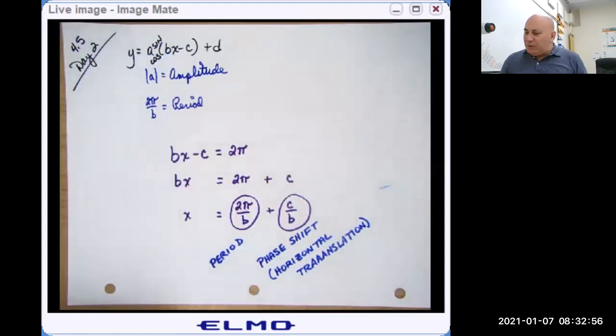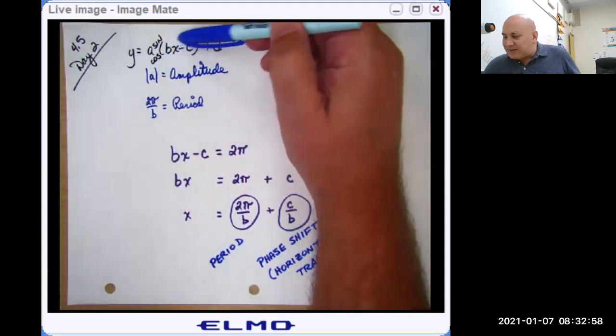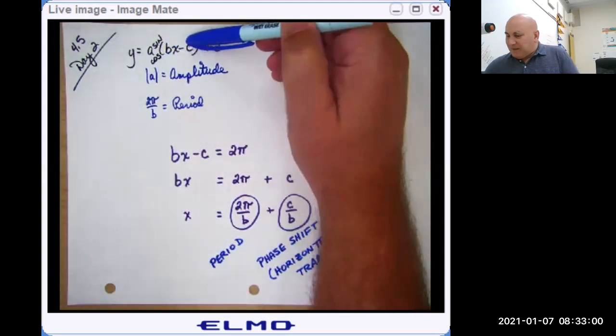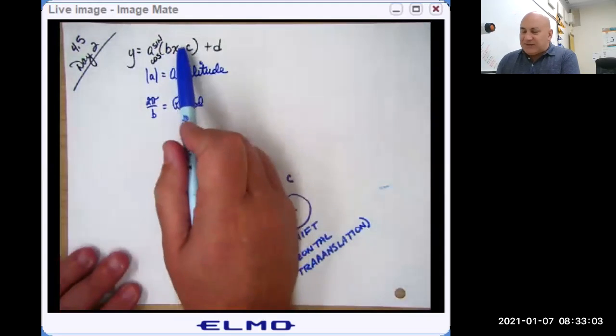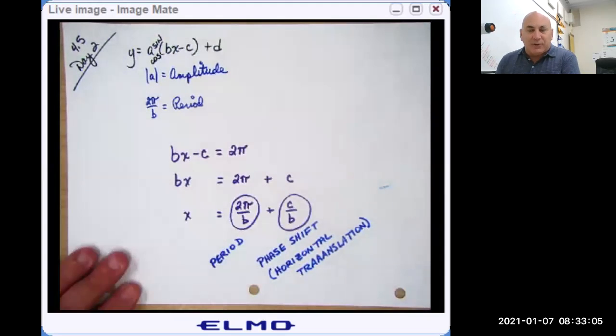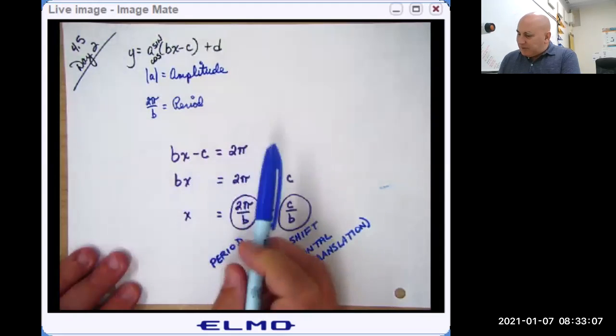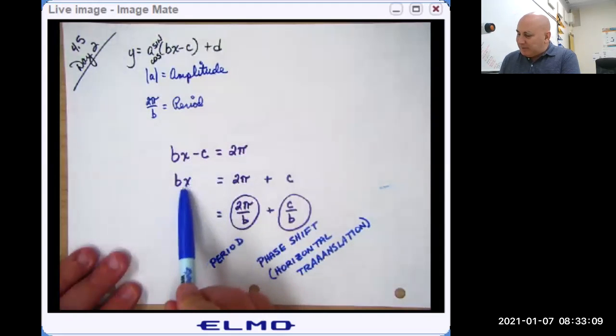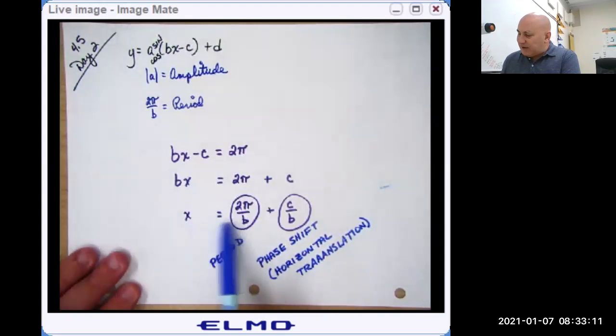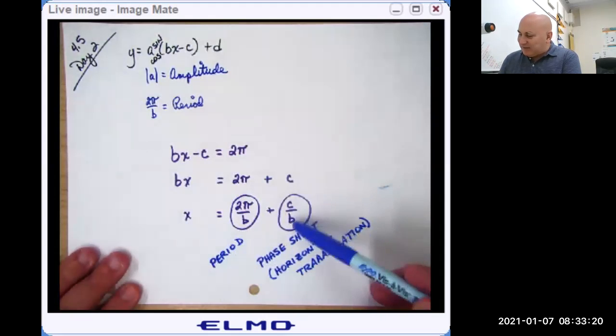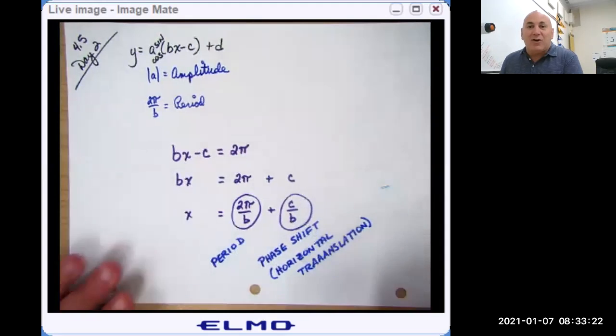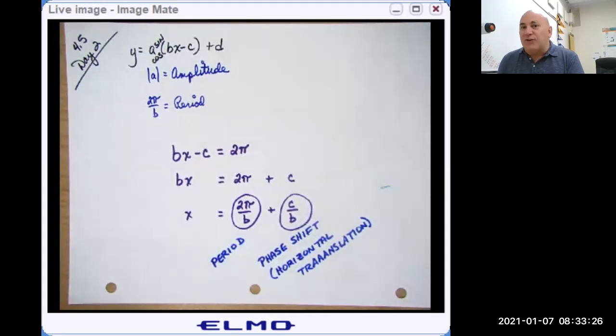Now, if you remember bx minus c, instead of bx plus c, which some books use, well, if you set that equal to 2 pi and solve for x, you get this. And this doesn't mean anything mathematically, it's just a mnemonic. This 2 pi over b ends up being your period, and c over b ends up being what we now call a phase shift in trigonometry. It's really just a horizontal translation.